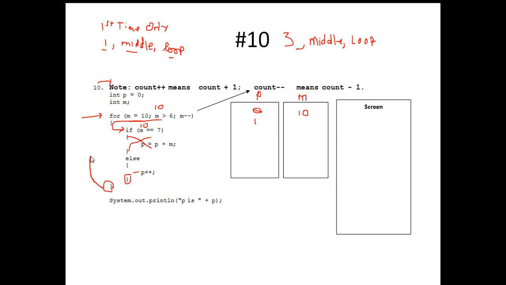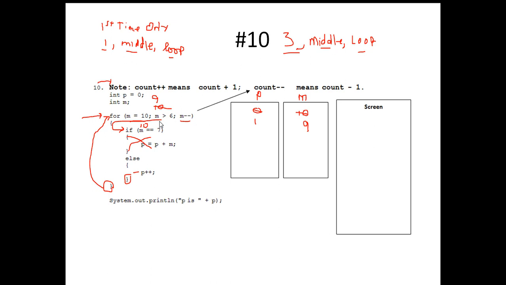So we go back to the for loop. We enter by the third argument, and it tells us to subtract 1 from M and assign it to M. So we subtract 1 from 10, we get 9, so M is now 9. The question is, is 9 greater than 6? Which it is. So we now go from the middle into the loop.